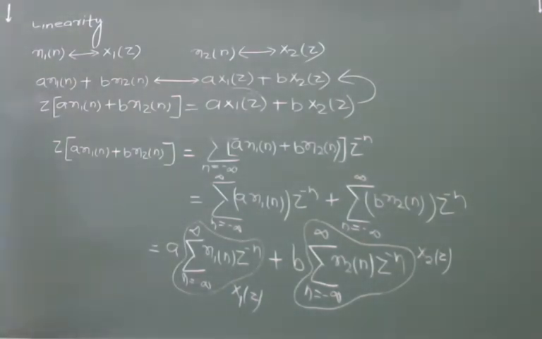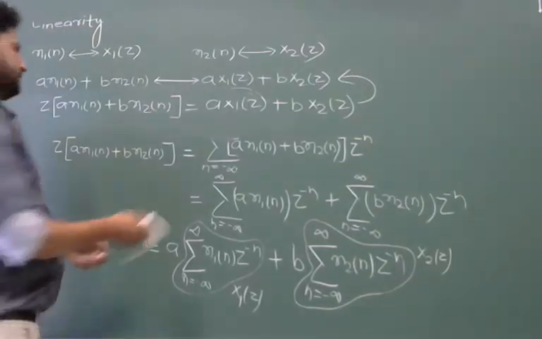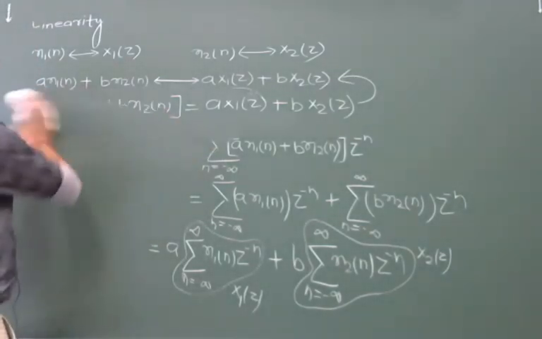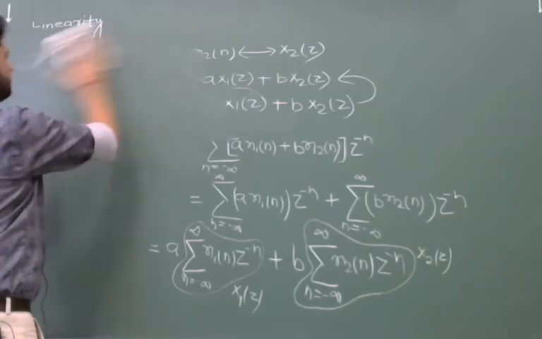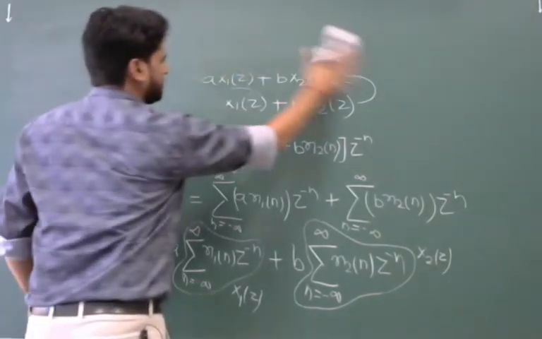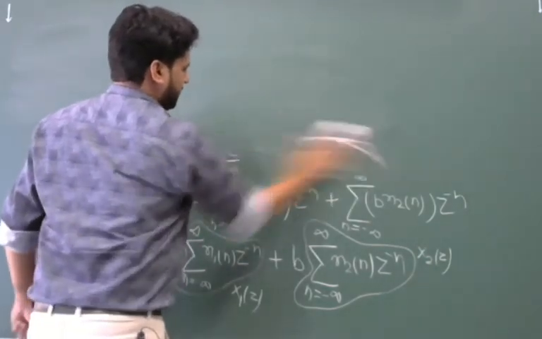The next property is the time shifting property. Another very important property of the Z transform.